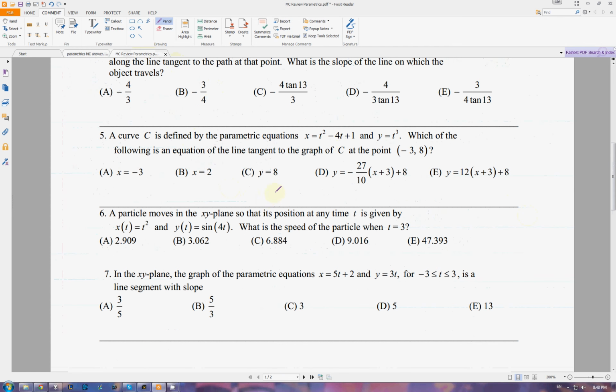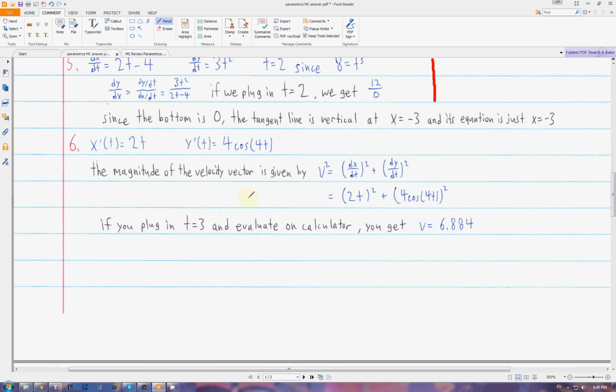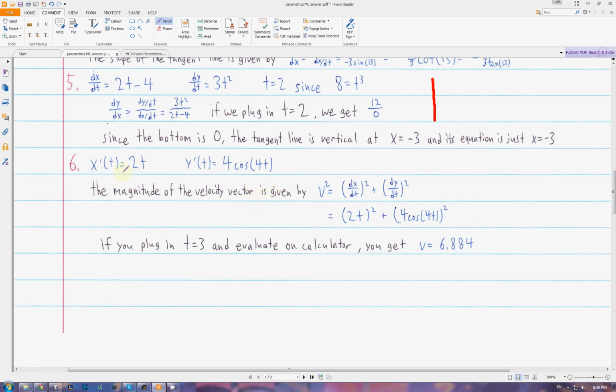Now, question number 6 asks us for the speed of the particle. So the first thing we do is find the x and y components of the velocity vector. And then once we do that, we just use the Pythagorean theorem to find the magnitude of the overall velocity.